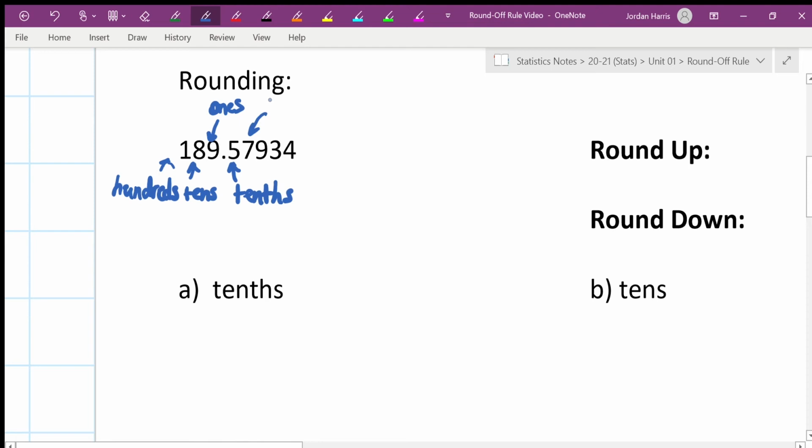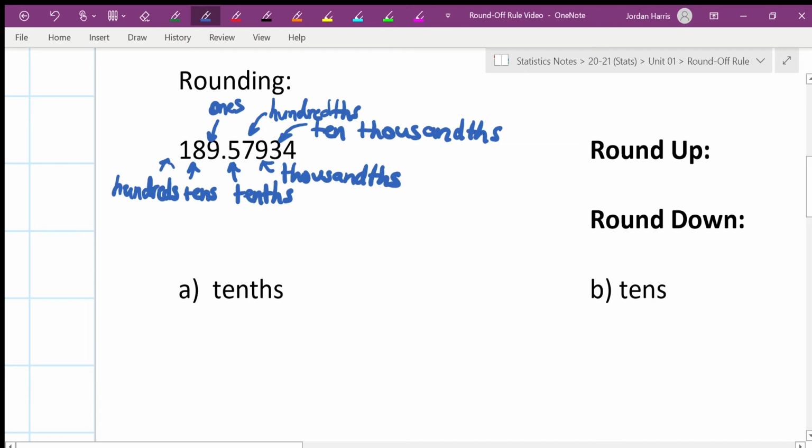Second decimal place is the hundredths. Then third is the thousandths. Then the fourth is the ten-thousandths. There's the 10 part. And then the fifth decimal place here is the hundred-thousandths.